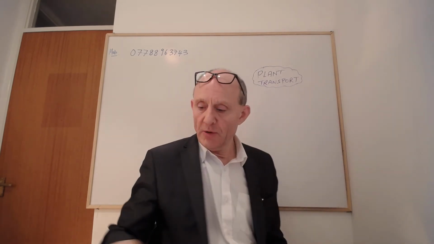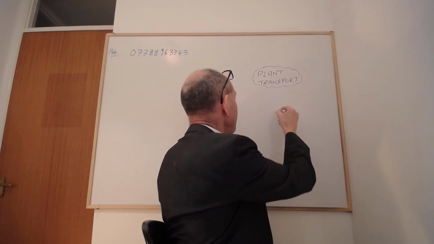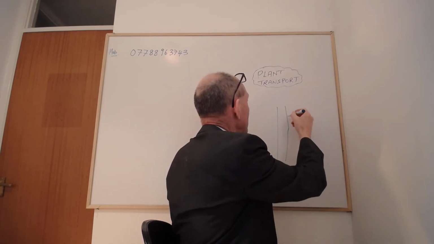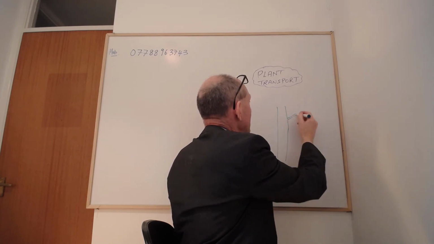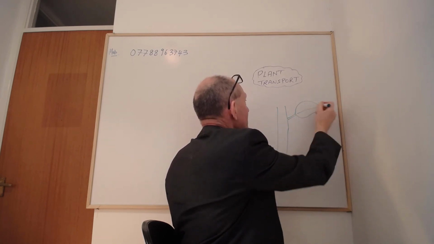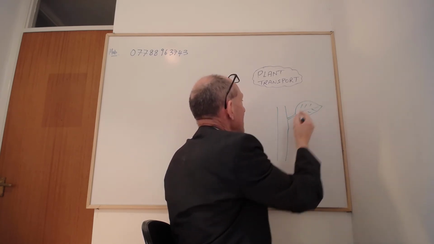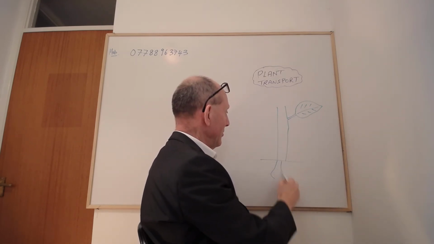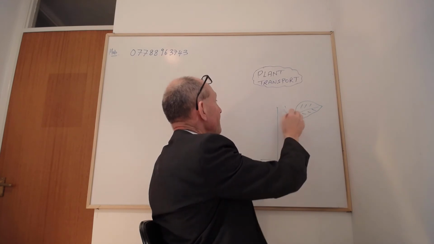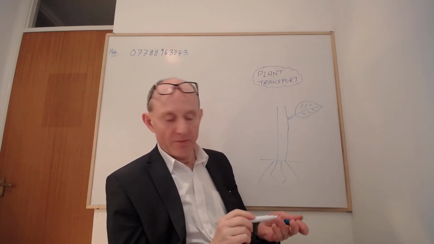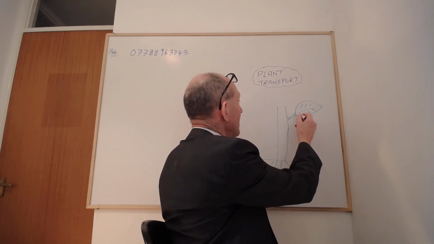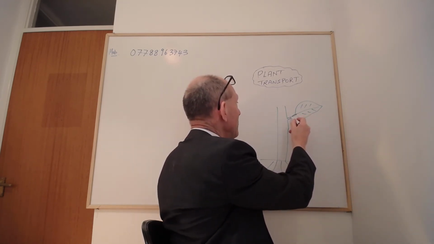If I do a quick plant, this is the stem of the plant, and up here there's a leaf. Down here we have the roots of the plant. That leaf might be sending some of its sucrose to other parts of the plant, and as I said, it can go both up or down.